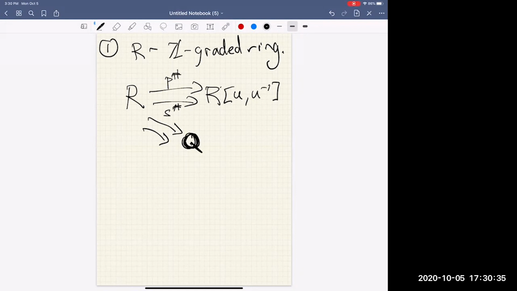So here are two choices already. Q could be, you take R join U, and you take the image of the action map, so you take the subring generated by that, or Q could be, you could take R join U inverse.